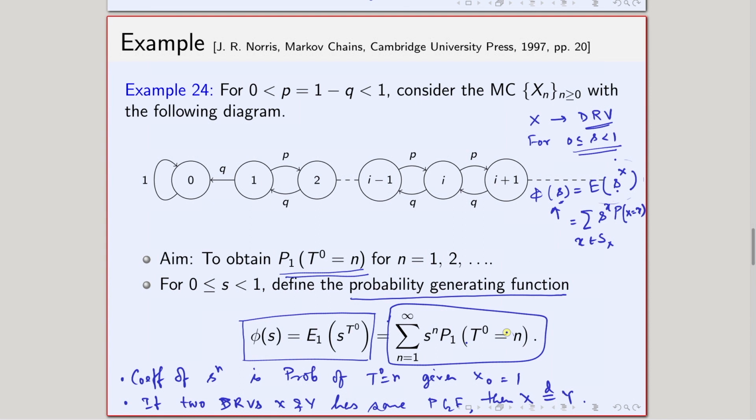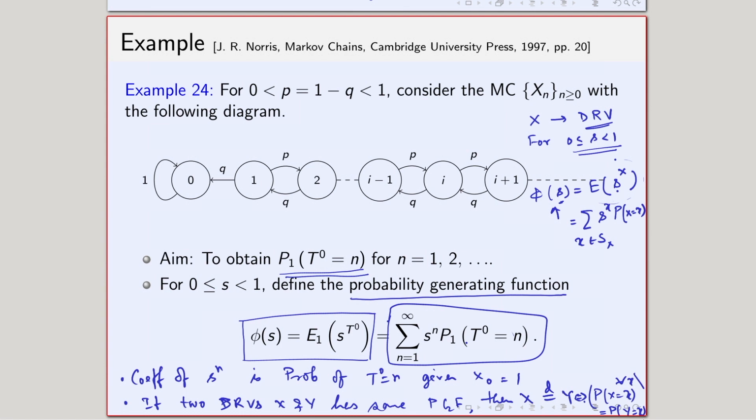If I can show that two random variables have the same probability generating function, then they have the same distributions. So the probability that X = x is the same as the probability that Y = x for all values of x. That is basically the idea.